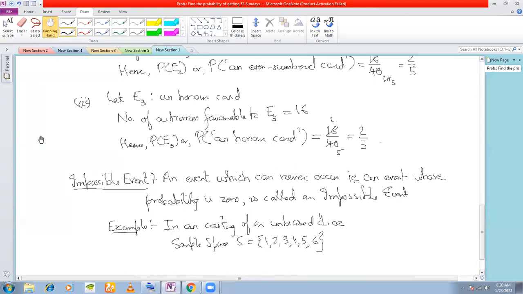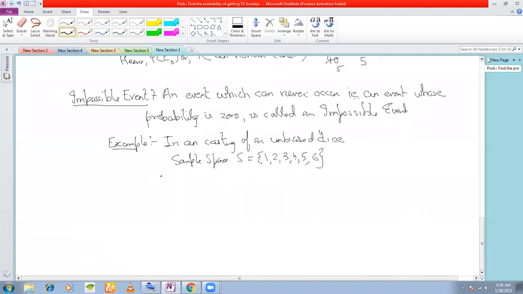Now in this sample space, let E be the event, appearance of 7. Can 7 appear in the casting of an unbiased dice? 7 cannot appear, because we have only numbers from 1 to 6.